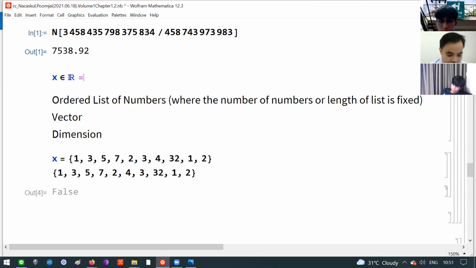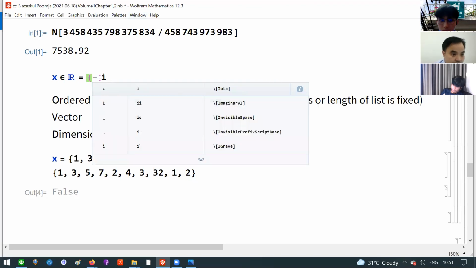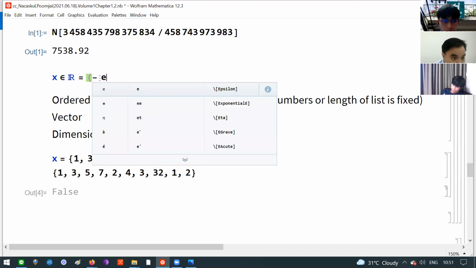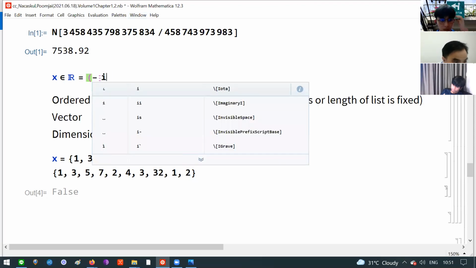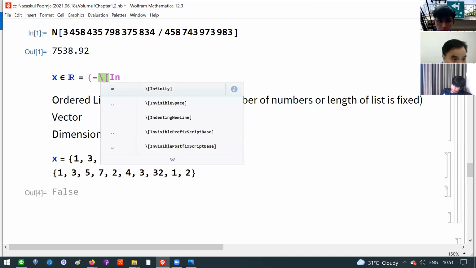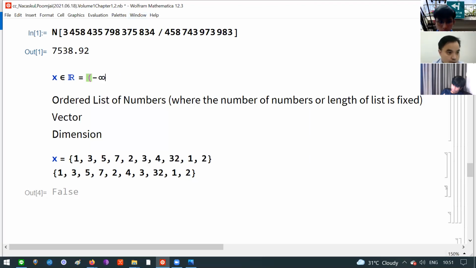In other words, it's from minus infinity to plus infinity.